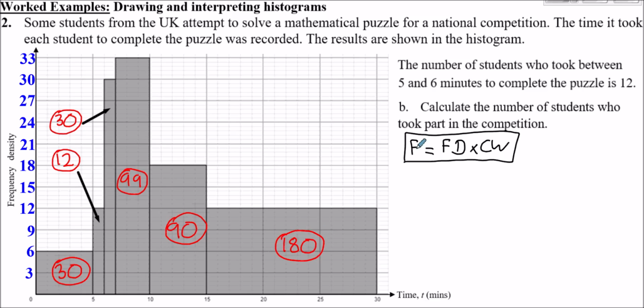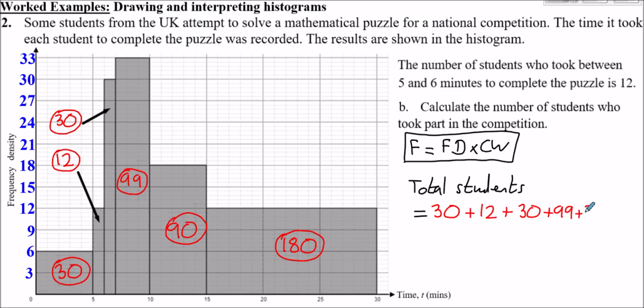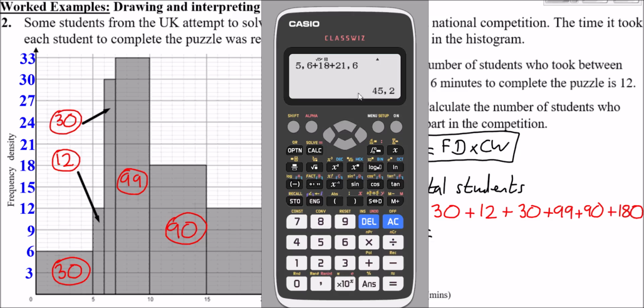So now we're going to look at the total number of students. So the total students, it'll just be the sum of all these numbers in red we've calculated. So it's going to be 30 plus 12 plus another 30 plus 99 plus 90 plus 180. So all we need to do now is just to calculate this carefully.